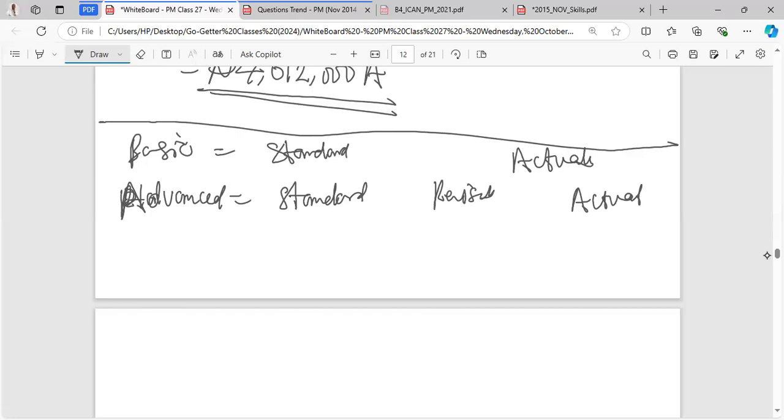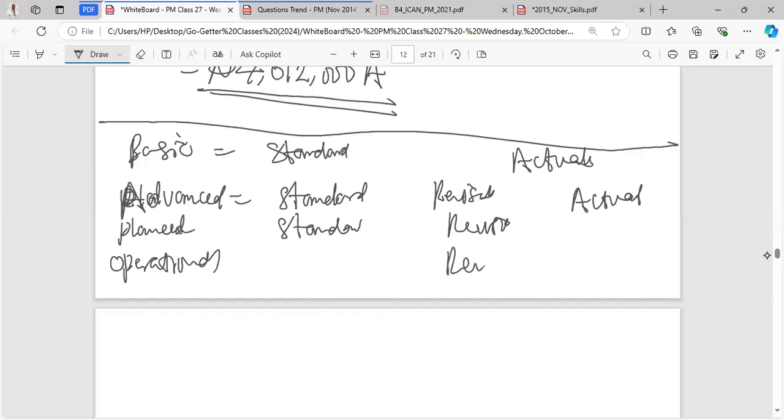So if you want to do planning first, planning is between standard and revised. You will take your basic formula, standard and actuals, but in place of actuals, you put revise. Then when you want to do operational, it is between revised and actual.